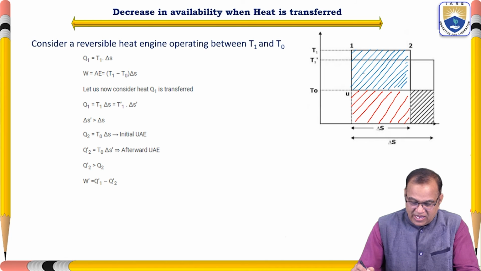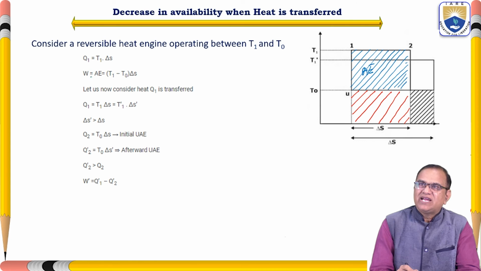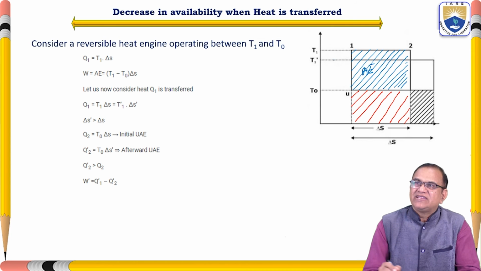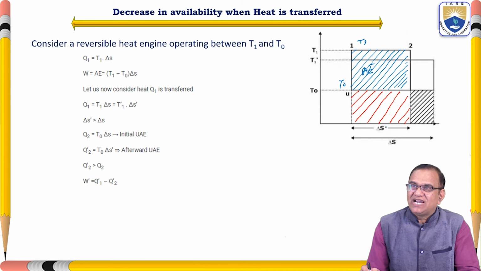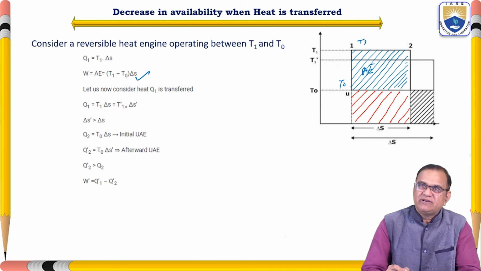So work done is equal to available energy, where this is T1 and this is T0, so T1 minus T0 into delta S. I think this is very much clear.